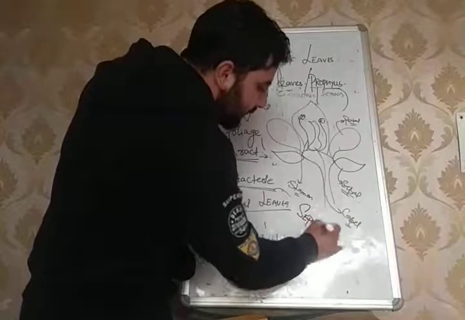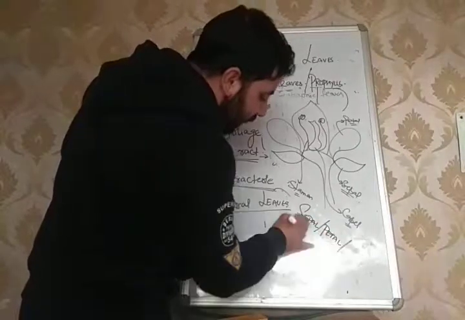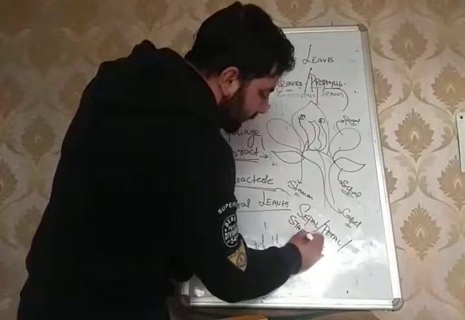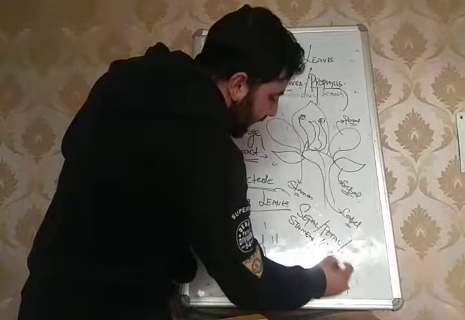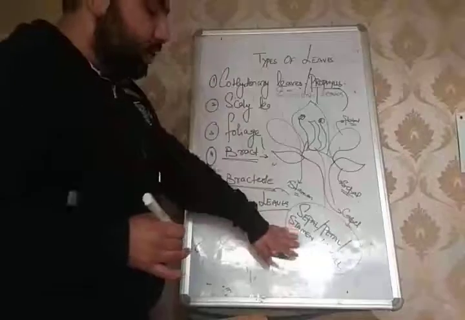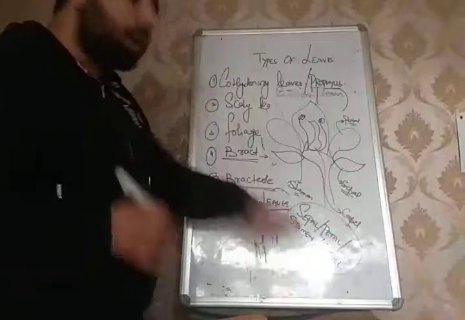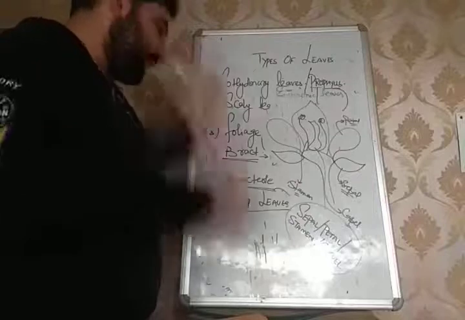If I write them here, sepal, second whorl is called petal, third whorl is called stamen, which is the male reproductive part, and fourth whorl is called carpel, which is the female reproductive part. These sepal, petal, stamen, and carpel are actually leaves, but modified leaves which have become modified in such a way that they perform some other function.